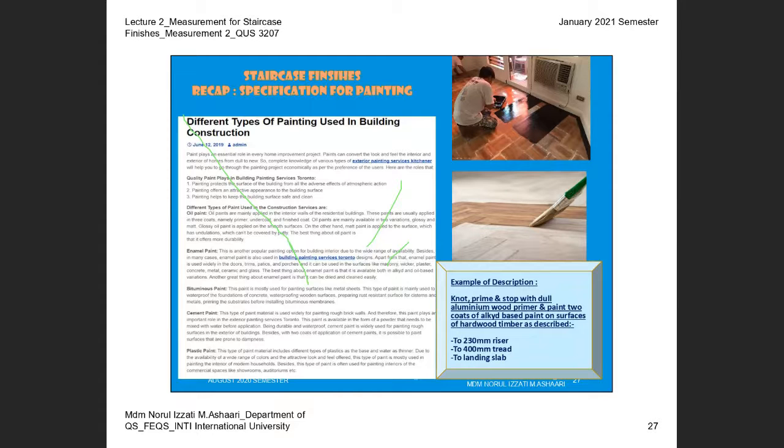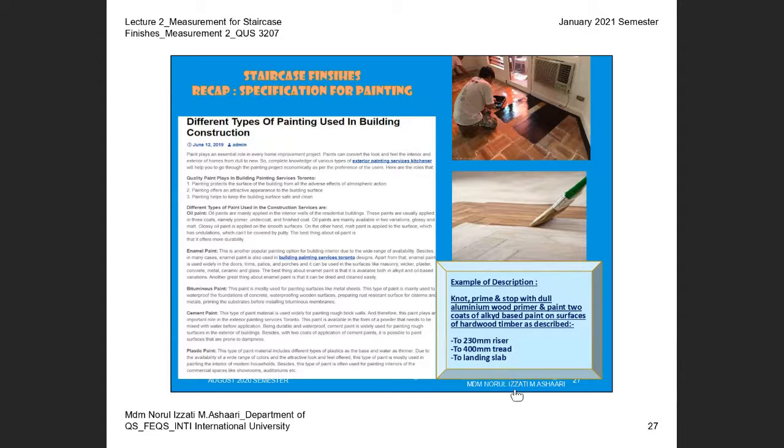There are a few examples. So varnishing or not must be clearly stated in the description. This is the example. Sorry, let me highlight again. This is the example: not prime and stop. This is like 3 layers of painting, aluminum wood primer, and 2 paint coats of alkyd based paint to the riser, tread, and slab.